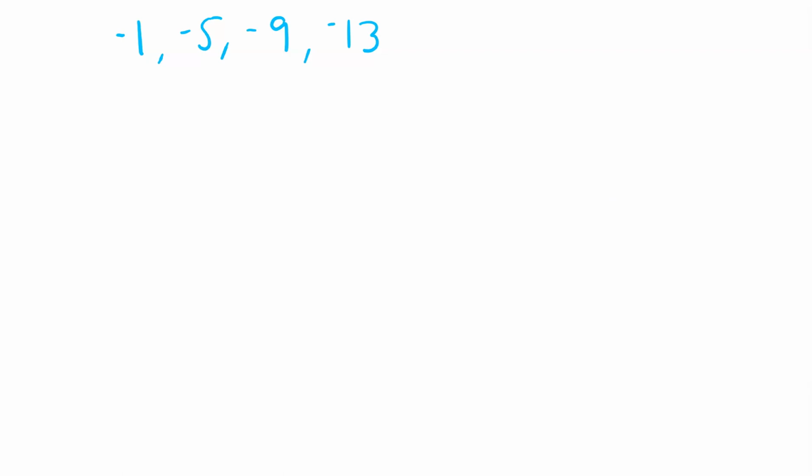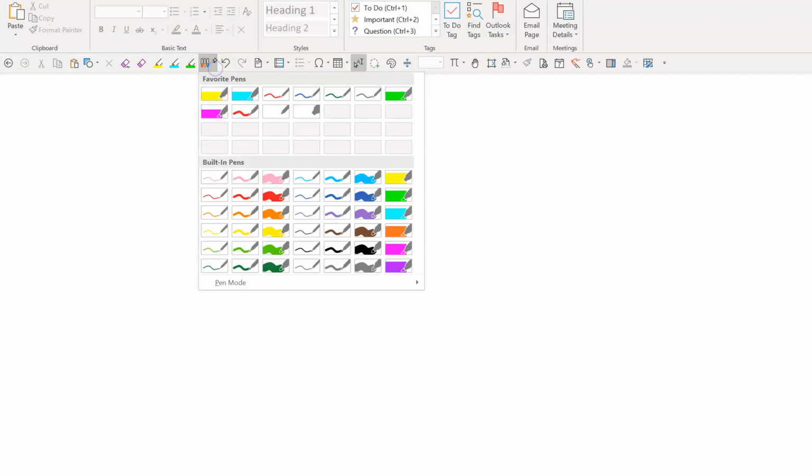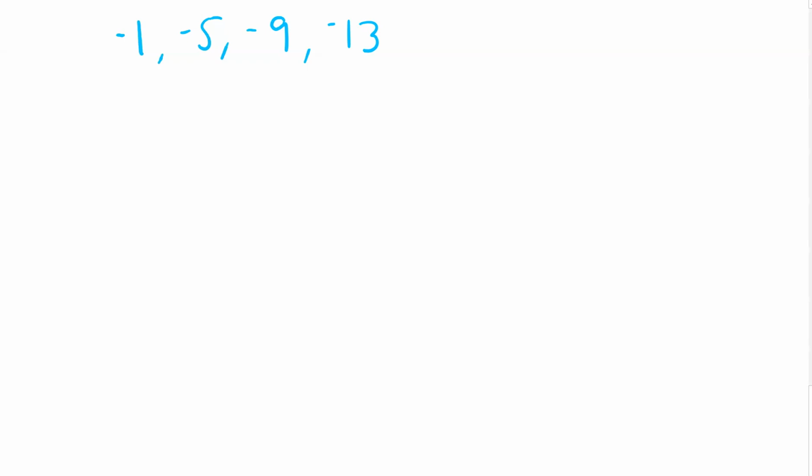So the adjustments, if we just look at the adjustments, that is a linear sequence because each one is going down by 4 each time. So you just do bog standard normal finding nth term. So the fact that it goes down by 4 each time tells you you've got negative 4n. But you don't want to start with a negative 4, you want to start with a negative 1.